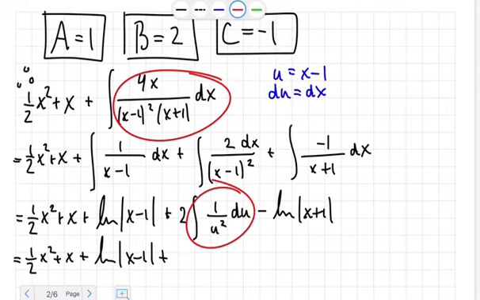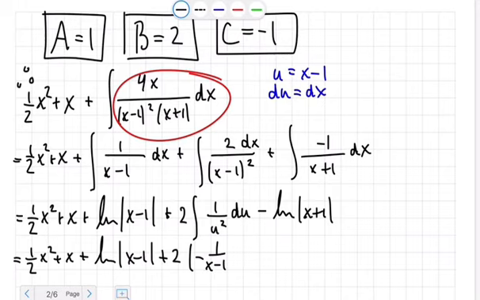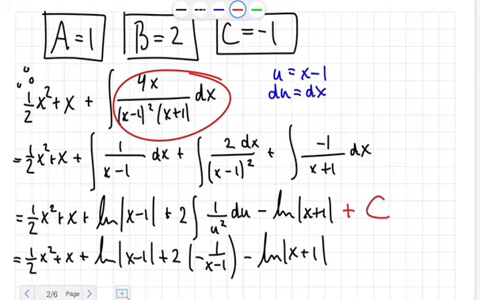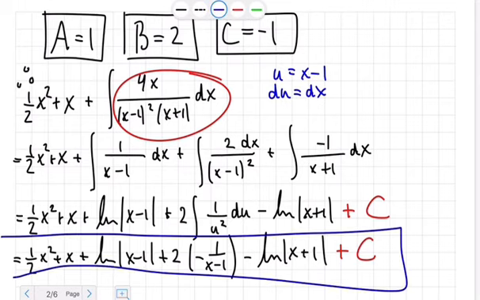We have u to the negative 2, so we increase the exponent by 1. Divide by the new exponent is going to give us negative 1 over u, and we know that u is x minus 1. So we can sub that in. And having done so, I realize we did forget one thing right here. We did forget the plus c, and so we're also going to put in the plus c now in our final answer. And that's what we get.